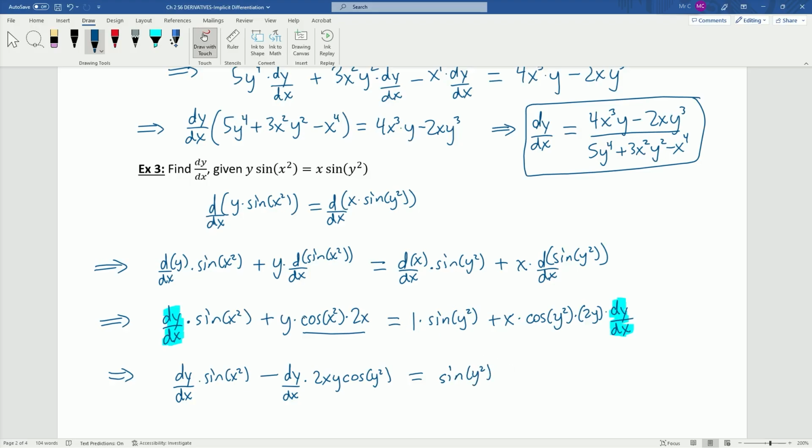That's this guy here, minus this guy. Minus, and again, I'm going to rewrite it slightly, 2xy cosine of x squared.